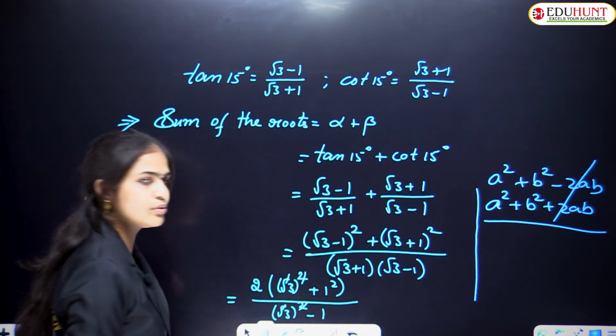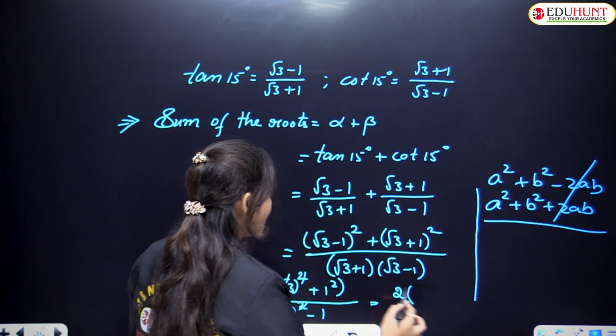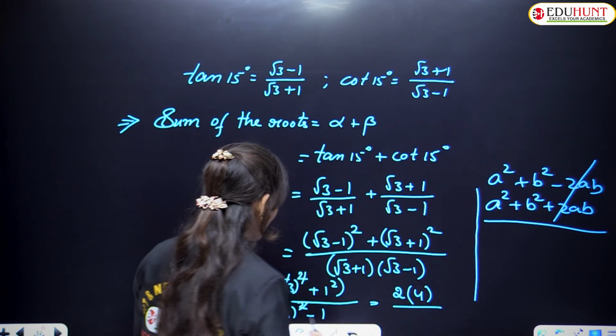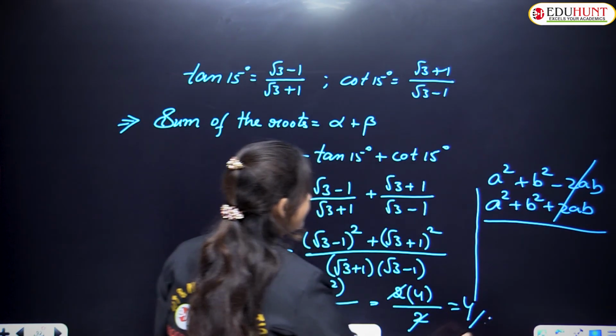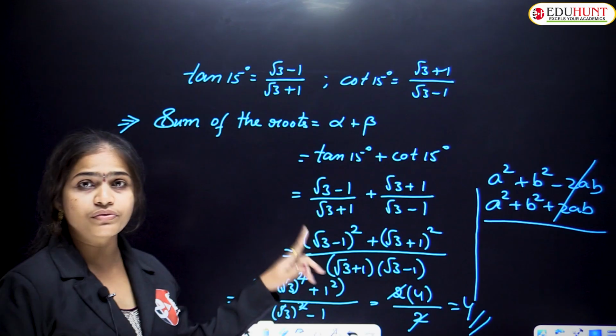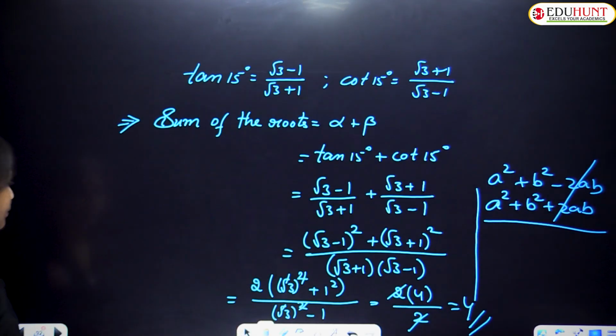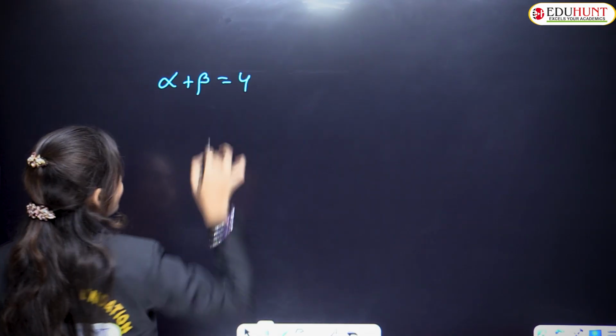Here also square and root get cancelled. So which is equal to 2 into 3 plus 1, that is 4, whole by 3 minus 1, that is 2. So 2 and 2 get cancelled. So here we got 4 as the result for the sum of the roots. Okay. So the sum of the roots is equal to 4.